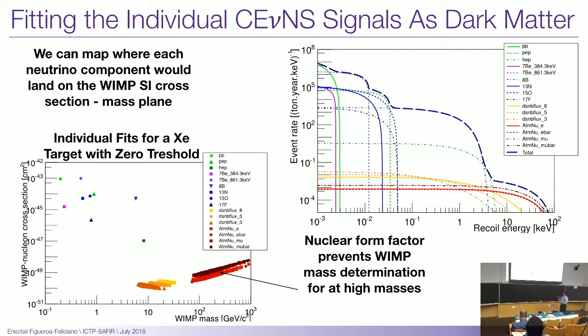That gives you some broadening of the reconstruction of the mass, and after a particular mass it gets very hard to pin down the mass, and you basically end up with these long tracks of reconstructed potential mass for your WIMP.